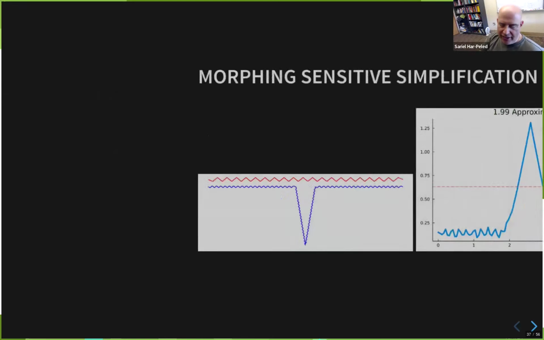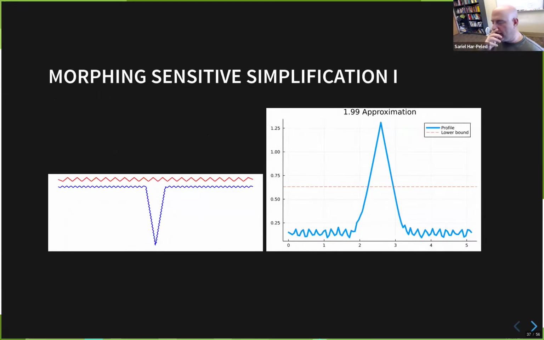There are many details making this kind of thing work, but I want to give you the basic idea. So the basic idea is that you start with some approximation. It can be a very low quality approximation. And what this approximation gives you is a morphing between the two curves. So you get the profile on the right.